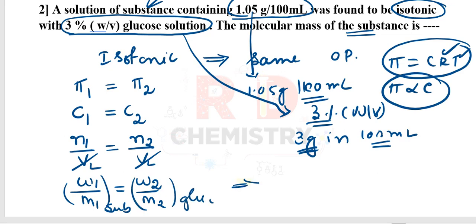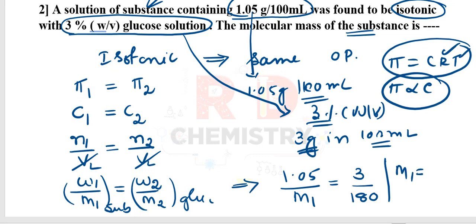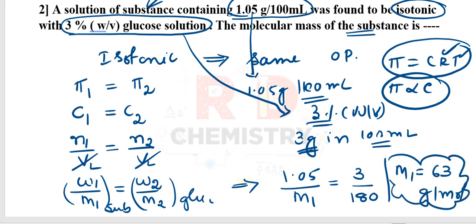Therefore, first one 1.05 grams divided by molar mass you have to calculate is equal to 3 grams for glucose divided by molar mass of glucose, you have to remember how to calculate. Okay, so it is 180. Therefore, M1 comes to be 63. What is the unit of molar mass? Gram per mole. So the answer is 63 grams per mole, right?